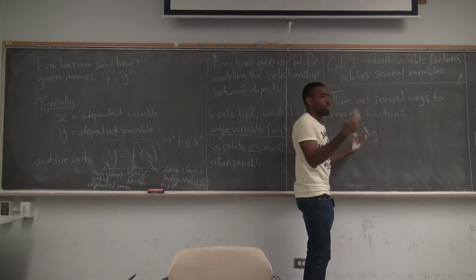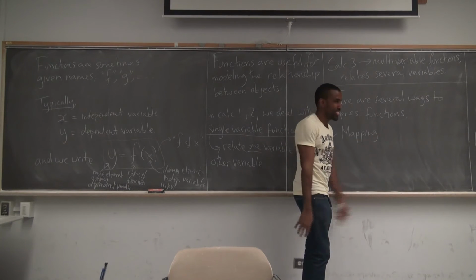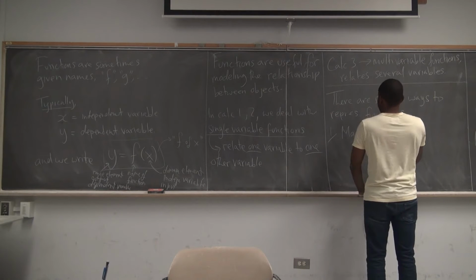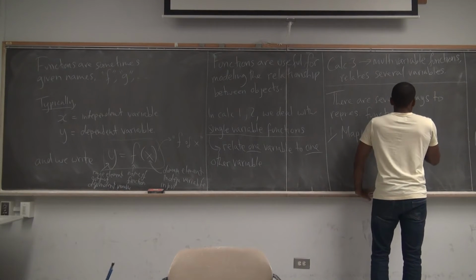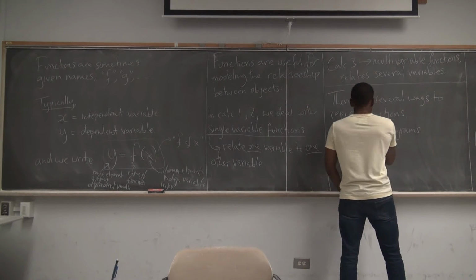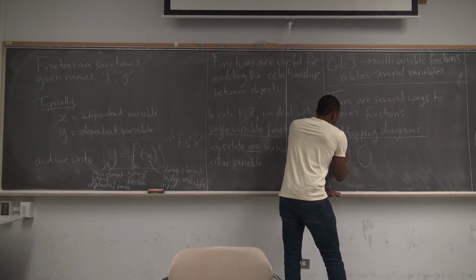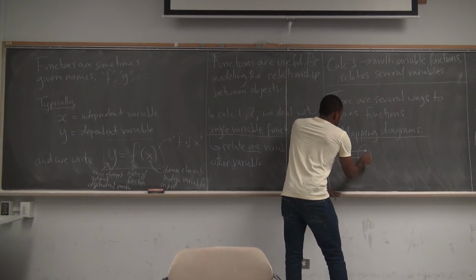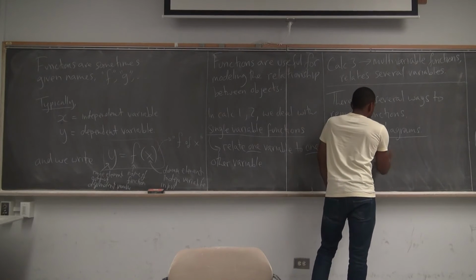There's this way that they always show you, this machine where you see the X go in and it spits out the Y. I'm not going to draw that. This is very kindergartenish. We're going to start with mapping diagrams, which I drew one for you before. It's basically when you write a group of things and you connect them with lines. So you form a mapping diagram. Or something like this.